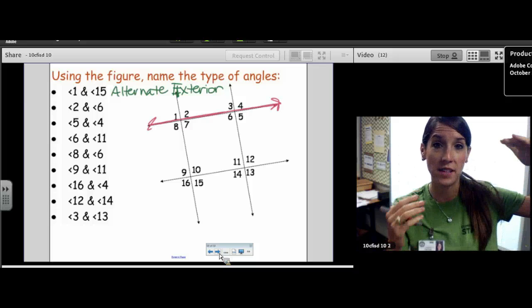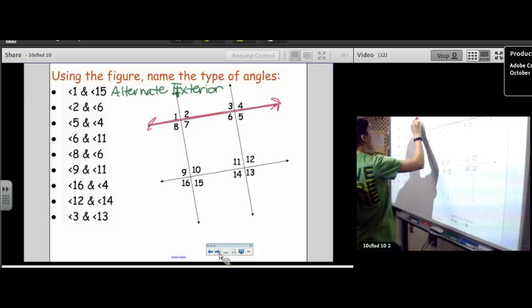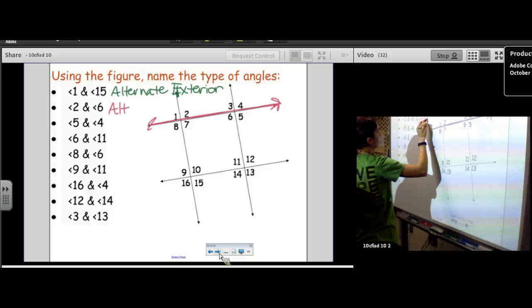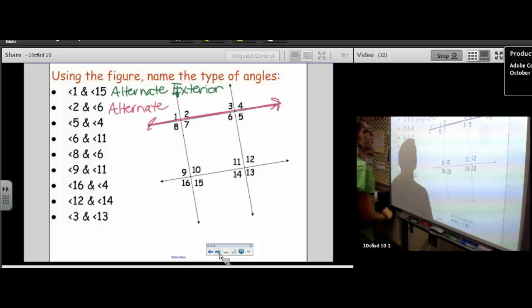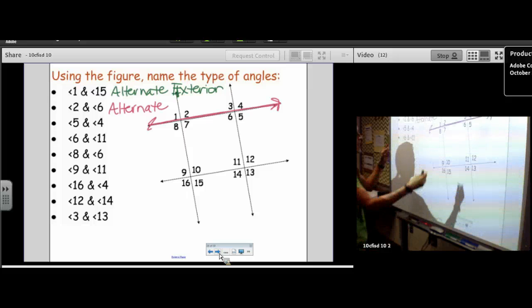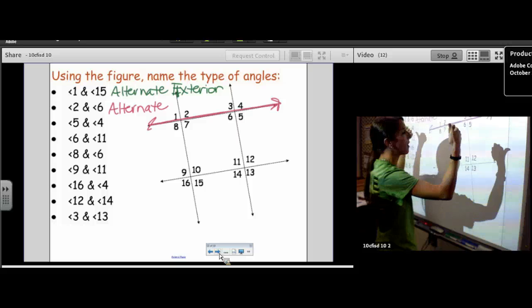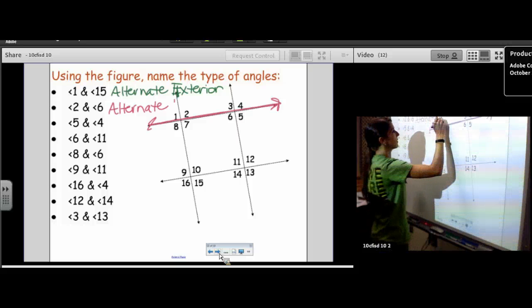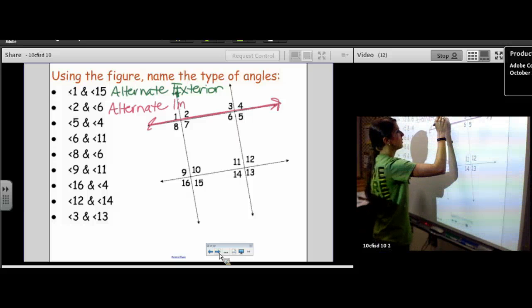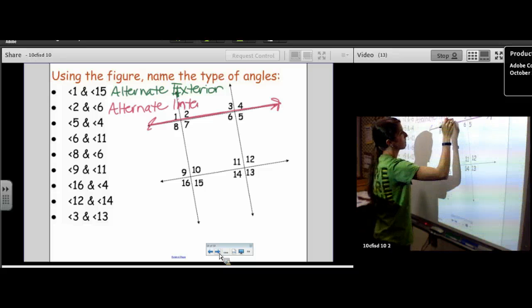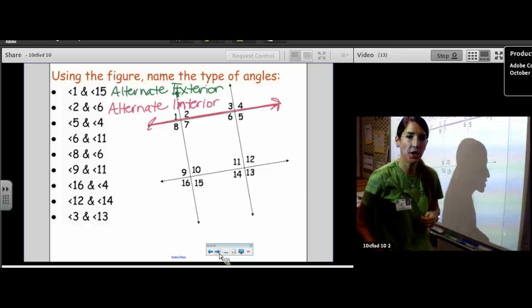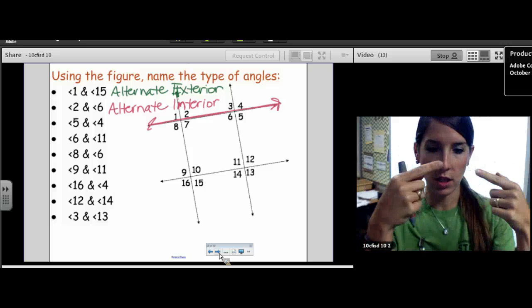Well, 2 is above and 6 is below, so they're definitely alternate. And then, are they interior, inside, or exterior, outside? They're alternate interior. They're between the 2 lines.